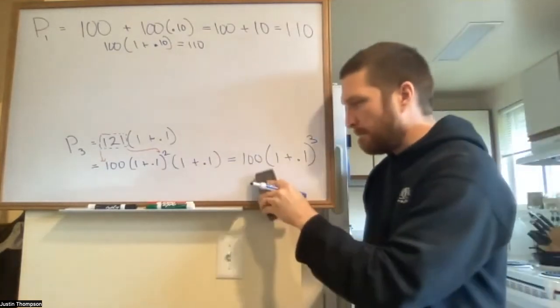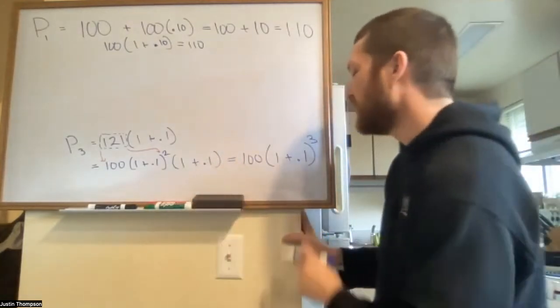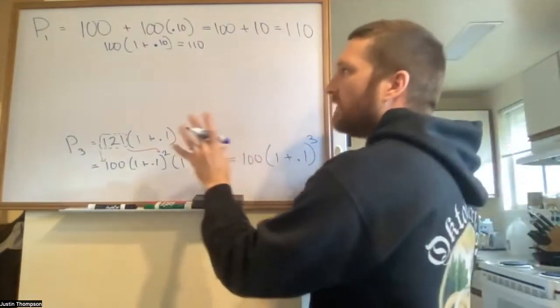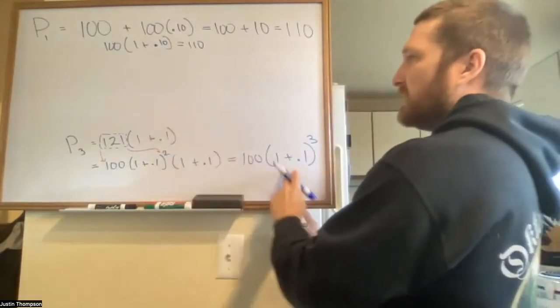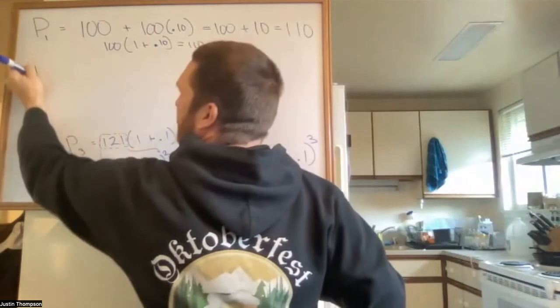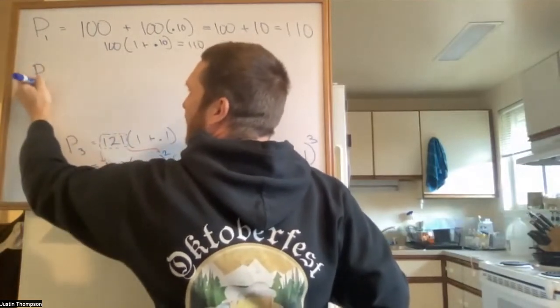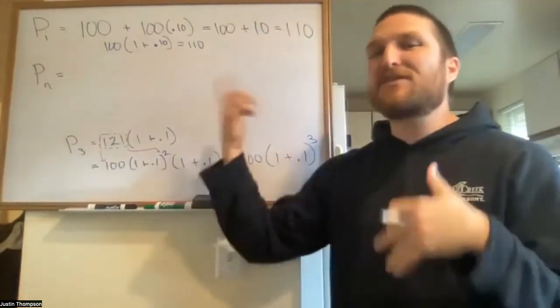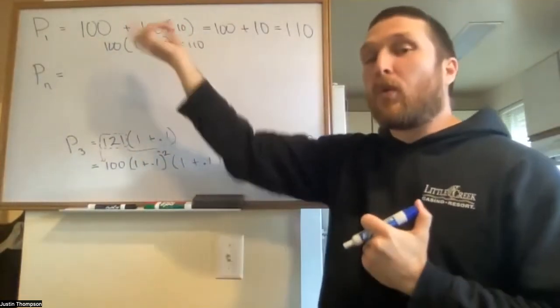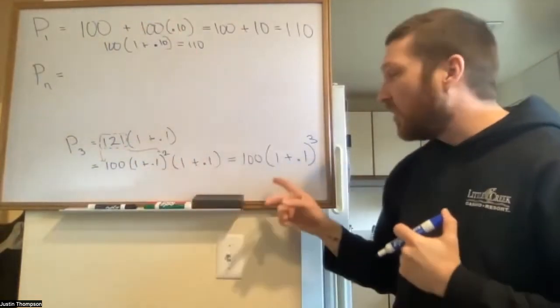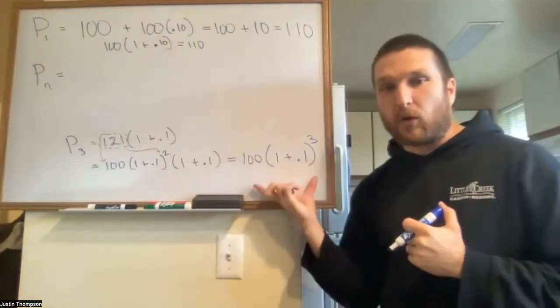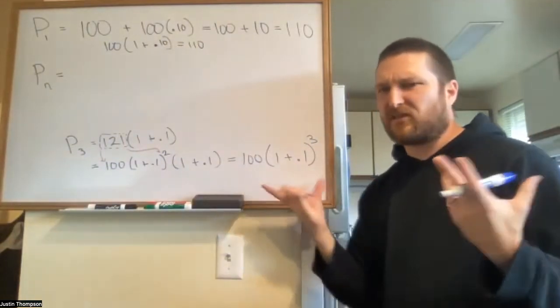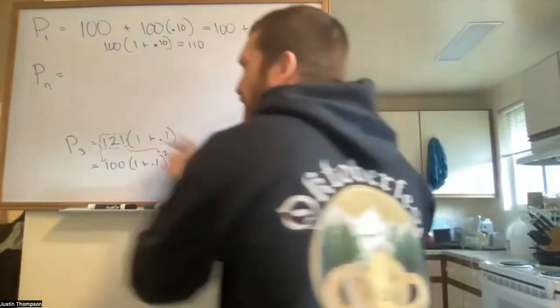Yeah. Okay, good. So what we've done here is we found, and I'm willing to bet that if we kept doing this and we went down, 1, 2, 3, 4, 5, 6, all we're going to do is take the old amount, and so let's do that just real quick for P4.